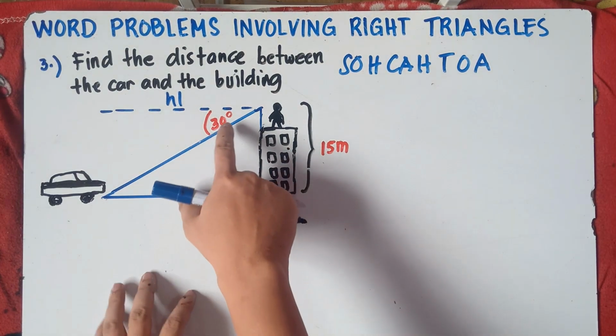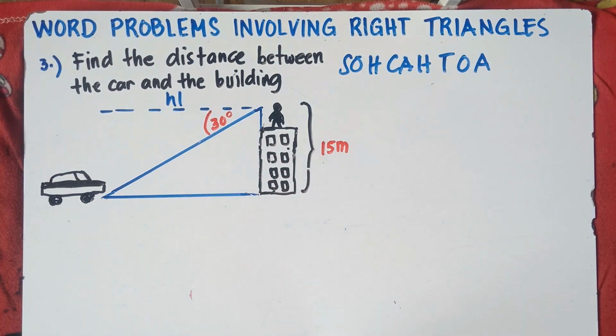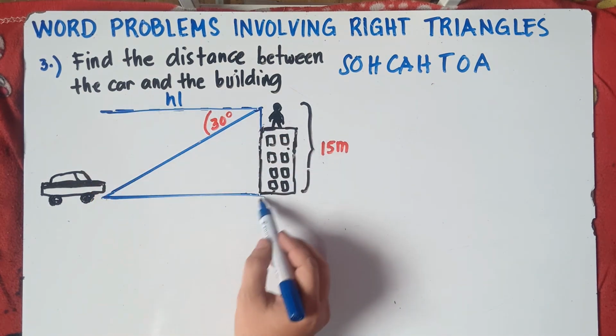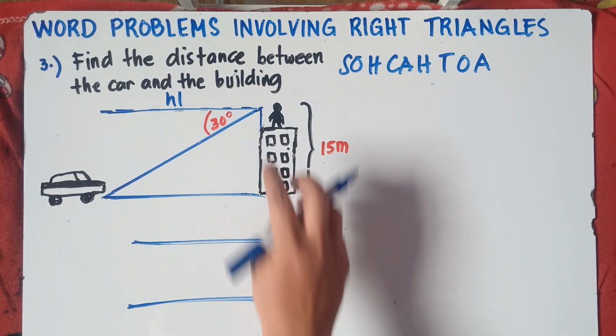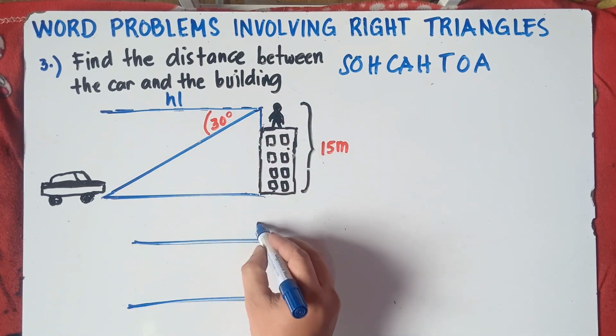Now, if this is 30 degrees, this is also 30 degrees. Question, why is that, sir? Now, you still remember, class, in your 8th grade, if you have two parallel lines, this line and this line are parallel, and then they are cut by a transversal line. So this will be our transversal line.